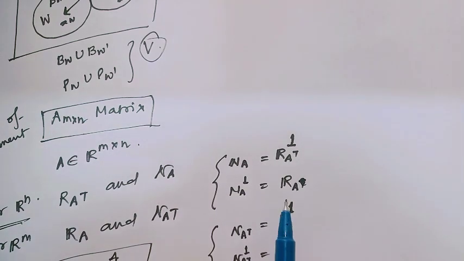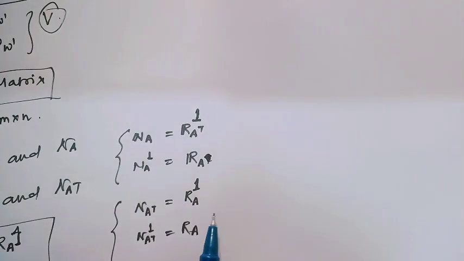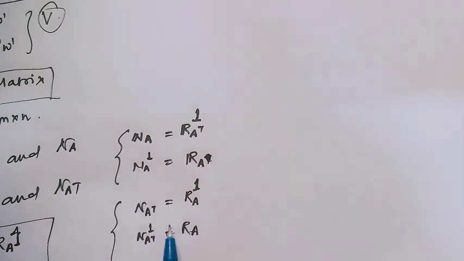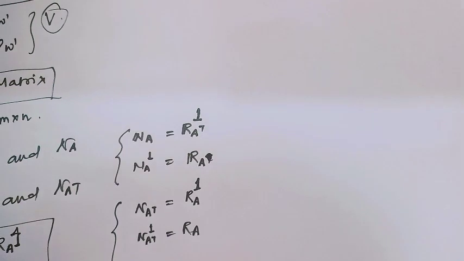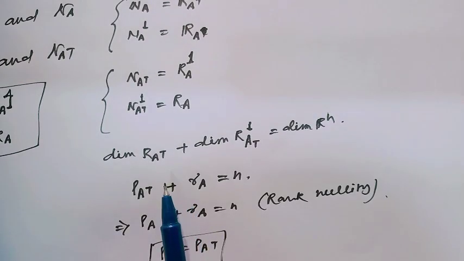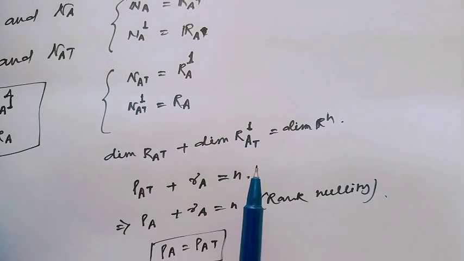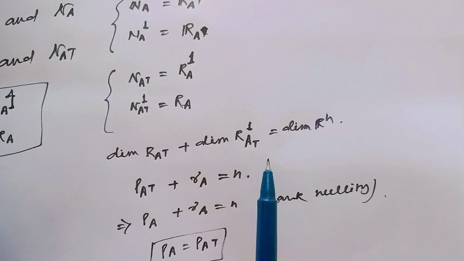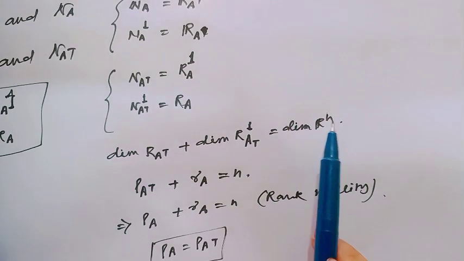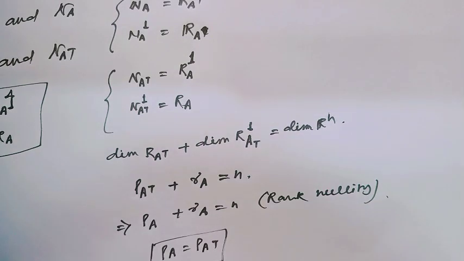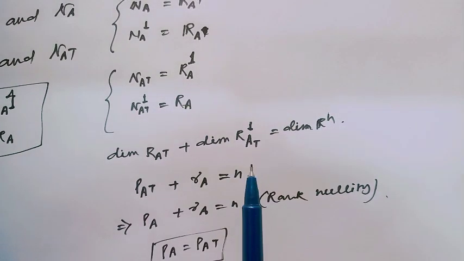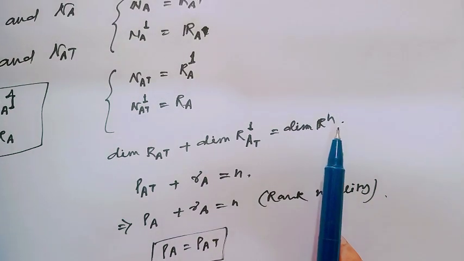So the range space of A transpose is the complement of the null space of A. Similarly, the orthogonal complement of the range space of A is the null space of A transpose, and if we apply the complement again, then the null space of A transpose complement is the range space of A. Also, I had seen the dimension of the range space of A transpose plus the dimension of its complement equals the whole space Rn, because the orthogonal subspace and its orthogonal complement together make the whole vector space.